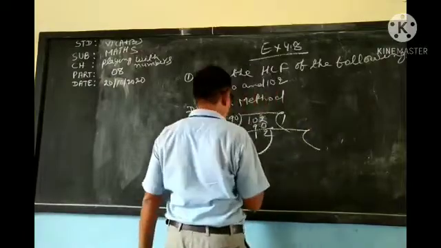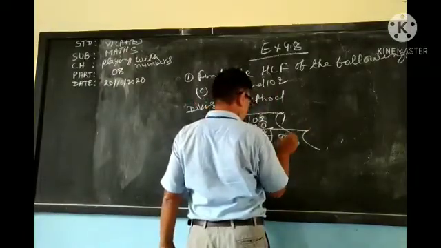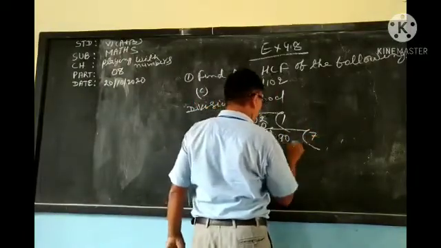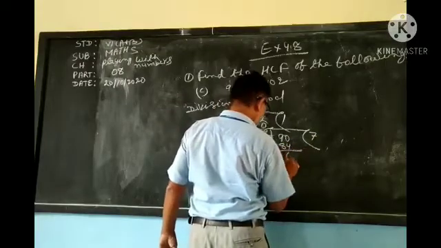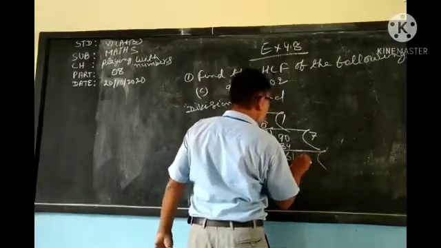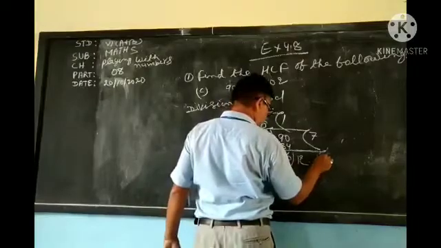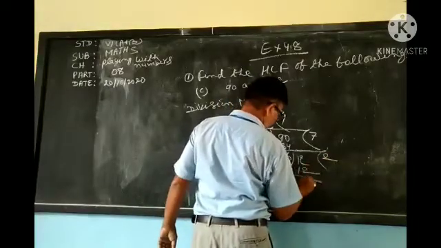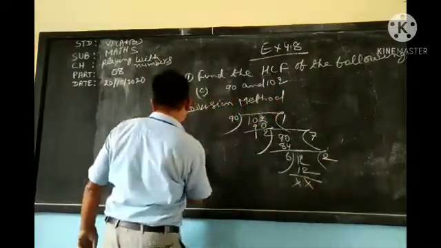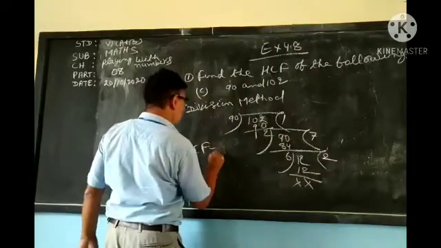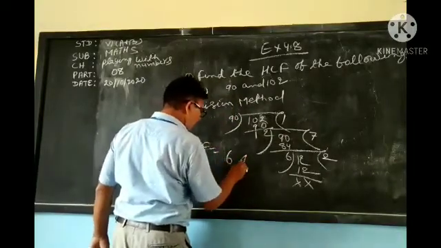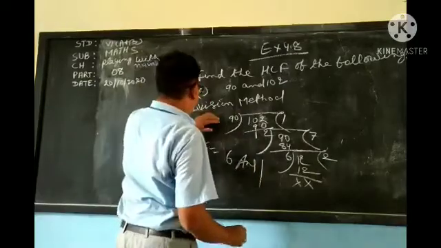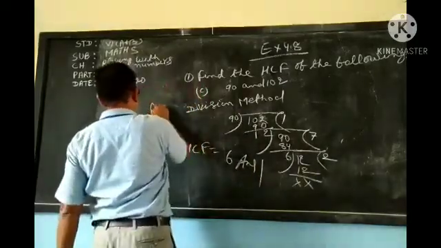Now what is coming? 102 minus 90 is 12. Now again, 90 divided by 12: 6 into 12 is 72, 84, remainder 6. Now again 12 divided by 6: 6 into 2 is 12. So HCF is equal to 6. This is the division method, the first method.